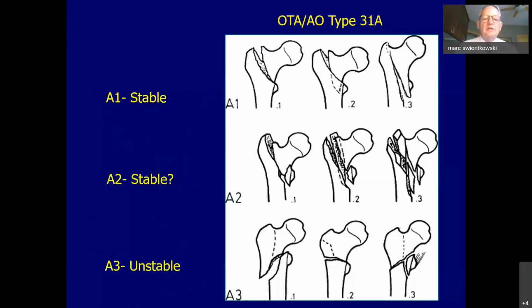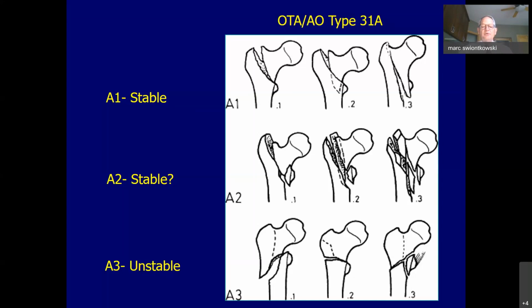So here is the Orthopedic Trauma Association and AO classification. You can see A1, A2, A3. A1 is the stable classification, with A1.1 primarily being the base of the neck of the femur, the others being variants of the stable construct. And A2 is the question where stability is along a spectrum.